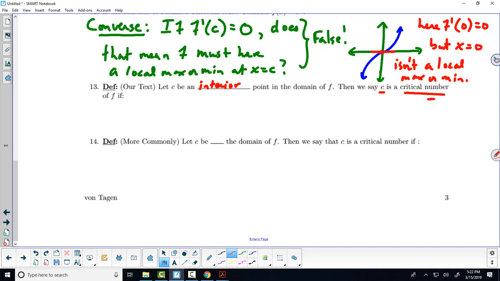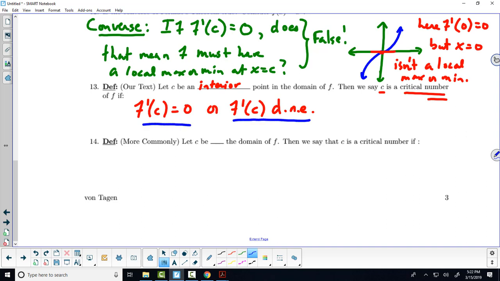Folks, I may sometimes get sloppy and call it a critical point, but I really should say critical number. We say that C is a critical number of f if f prime of C equals 0 or f prime of C does not exist. So there are two conditions we must consider if we're going to be looking for critical numbers. Those are going to happen where the derivative is 0 or where the derivative does not exist.